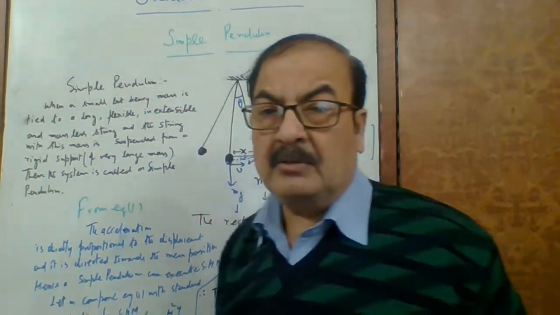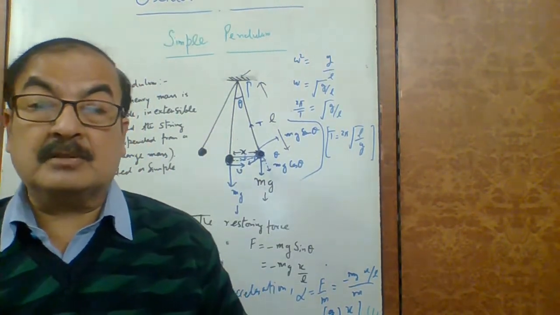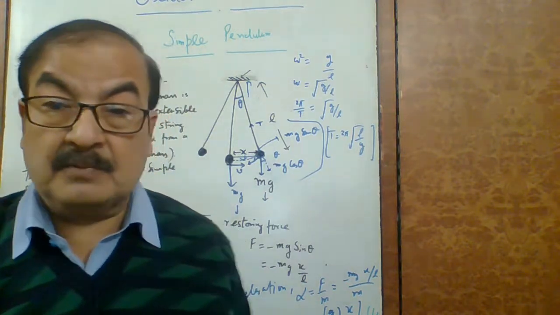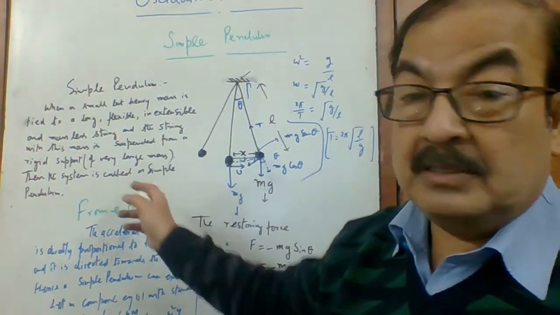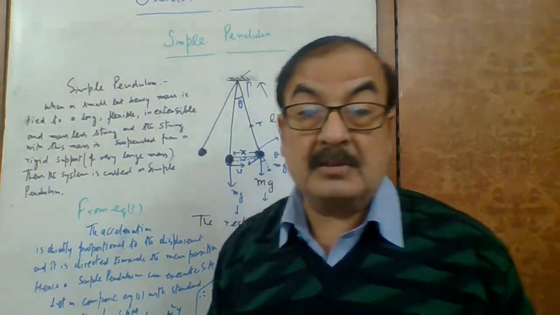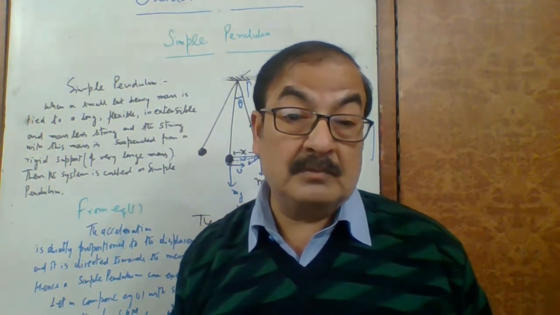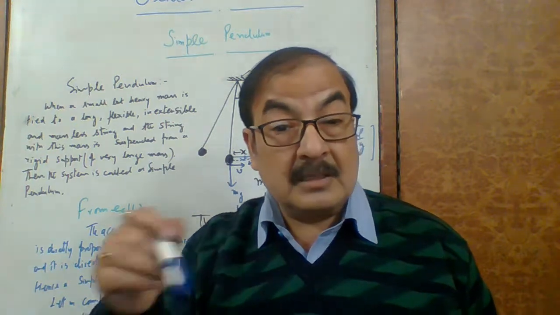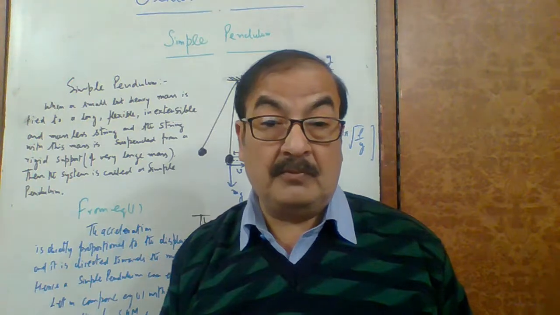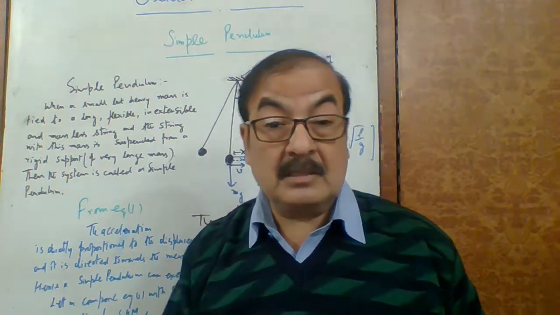Remember, whenever you have to prove that anything is executing simple harmonic motion, you have to find out its time period. That is very important. First, we know what is simple pendulum. The definition is very clear, that when a small but heavy mass is tied to a flexible, long, massless, inextensible string, and that string is suspended from a rigid support of very large mass, then the entire system is called simple pendulum.